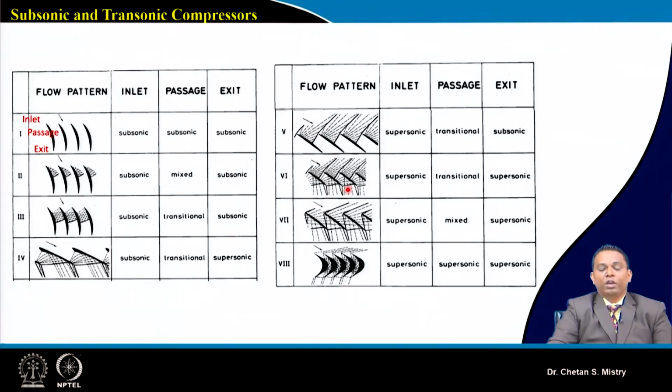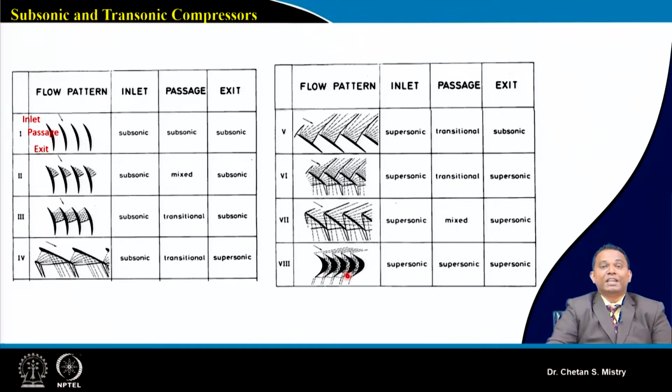For the next configuration, the entry is supersonic, the passage flow is transitional and the exit flow is supersonic. In this case, for this kind of aerofoil, the entry flow is supersonic, the passage is a mixed kind of configuration, and the exit is supersonic.